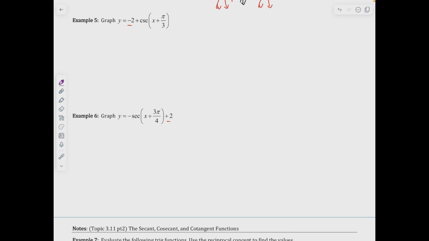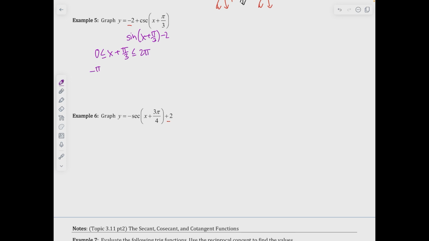Okay, for example number 5, cosecant is the reciprocal function of sine. So we're going to treat this as sine of x plus pi over 3 minus 2. So first thing is we're going to deal with our sine values. So I got x plus pi over 3 less than or equal to 2 pi.